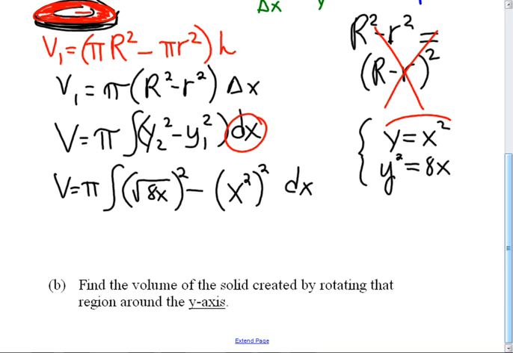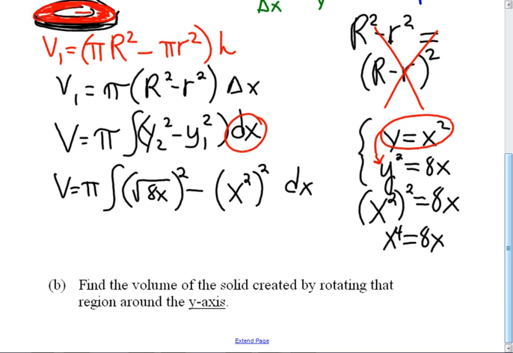Y is equal to x squared, so guess what I can put in right here? X squared. What am I going to do with that x squared? Square it. Now, this is x to the 4th equals 8x.